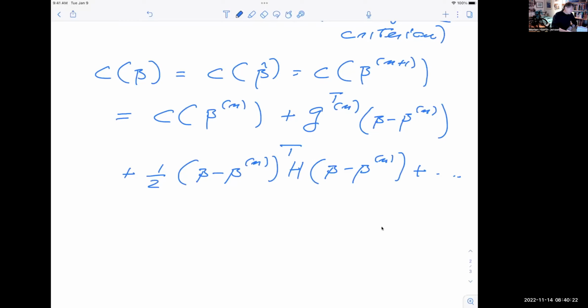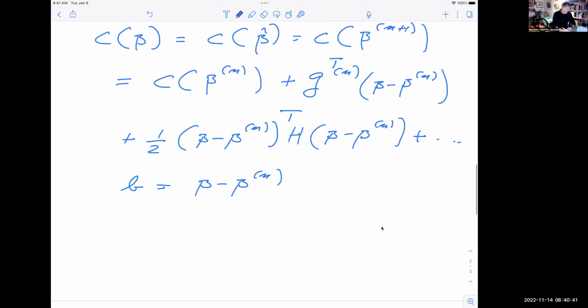Furthermore, we are going to introduce a new vector, which I'm going to define as beta minus beta of n. That means I'm going to have a slightly simpler expression, and I'm going to terminate it at second order.